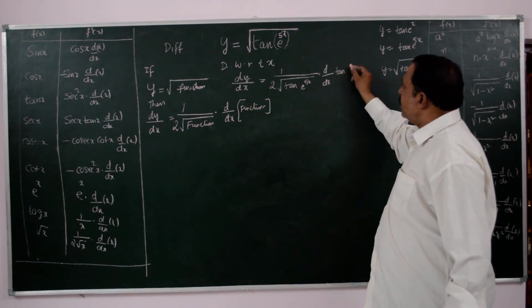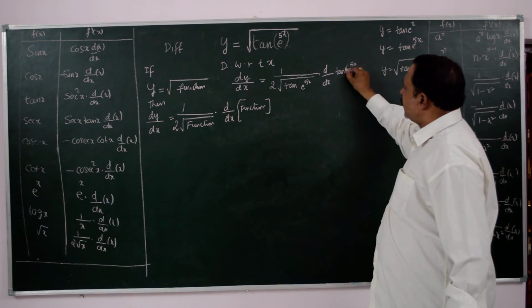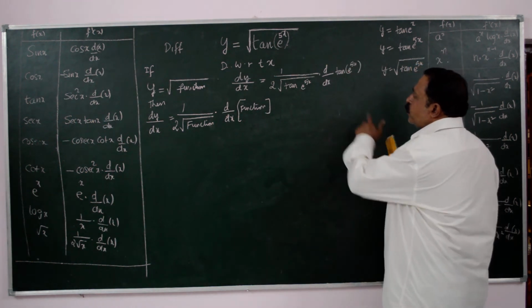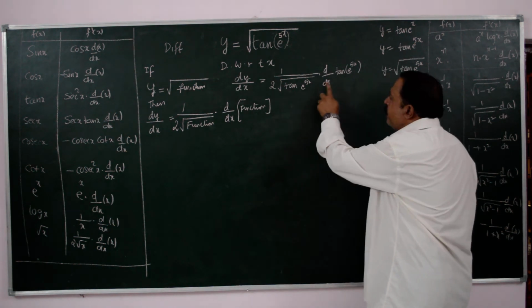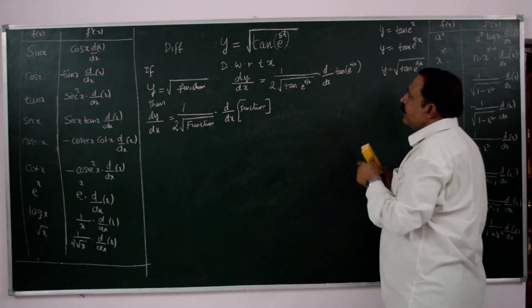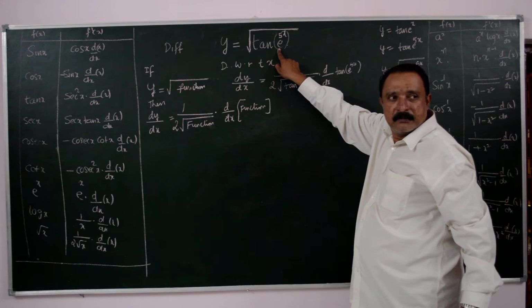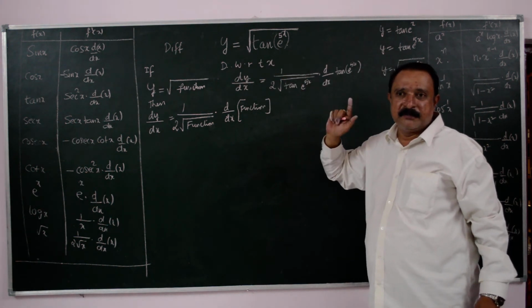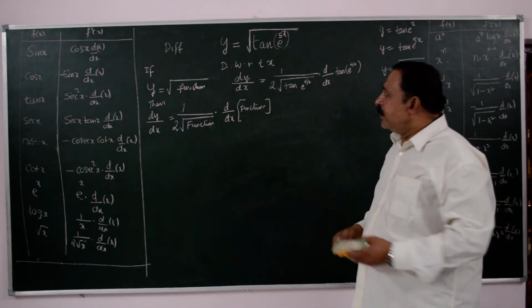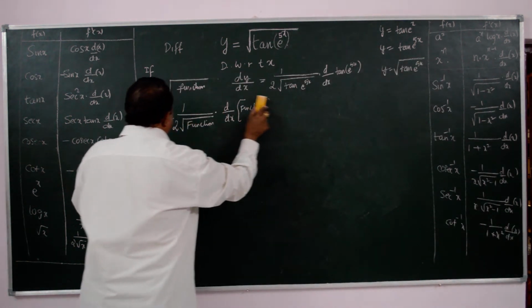Tan e to the power of 5x. Now notice that there is no square root here and the square root is only here. If you put a square root again here, you have come back to the problem. You will never finish this problem for your lifetime. Okay. So I will clear this.